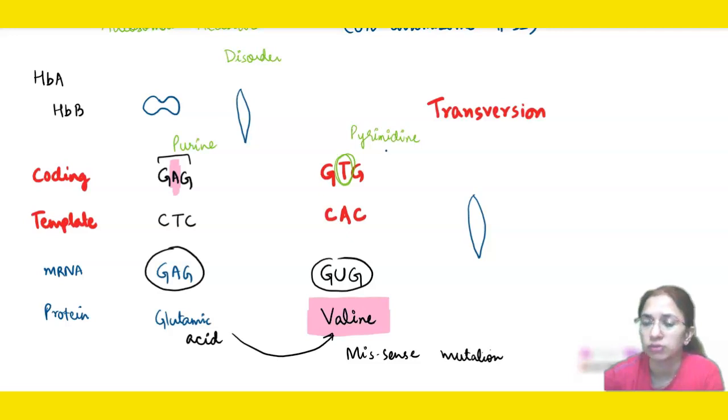Chromosome number 11 comes in the category of autosomes. That is why it is known as an autosomal disorder. It is a recessive disorder too because it skips generations. Then you can explain the way I have made this illustration for you. Similarly, you can make the illustration and you'll get full marks.